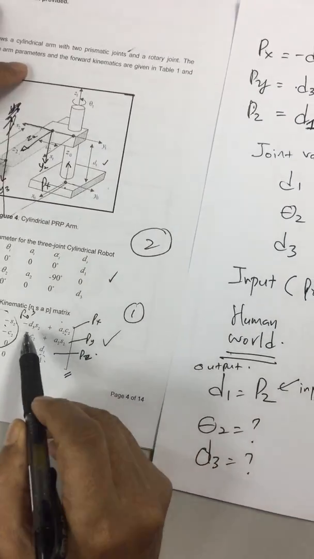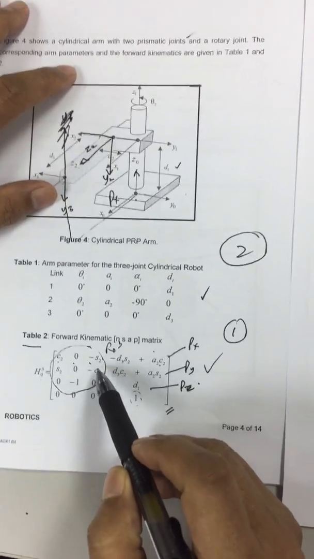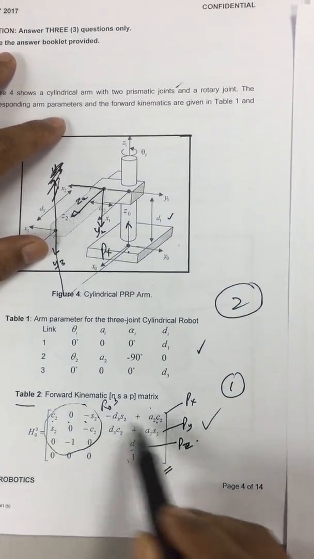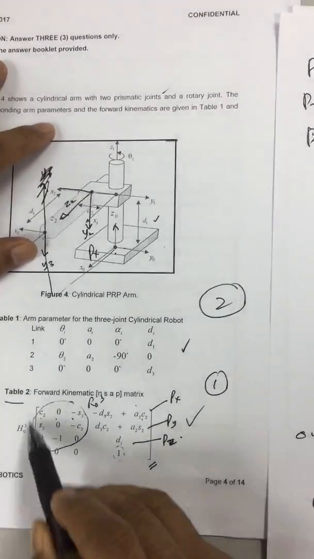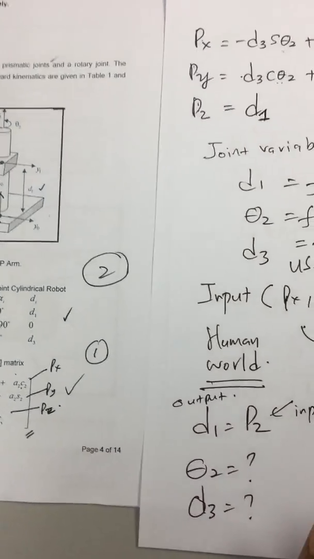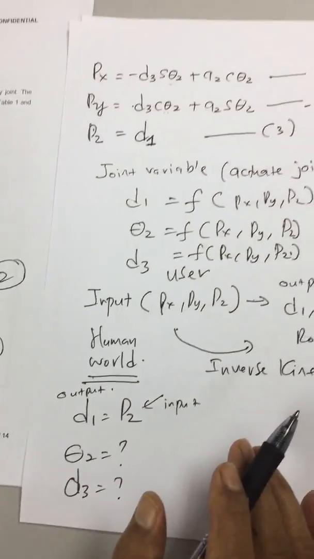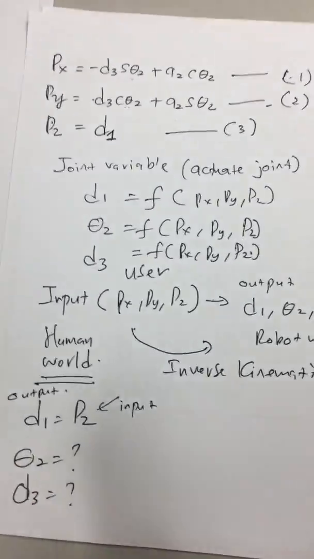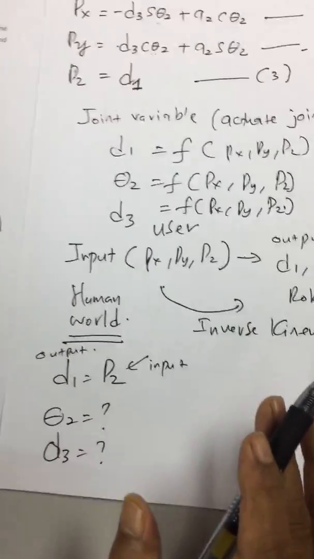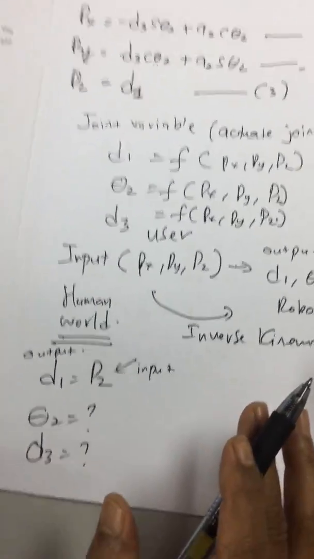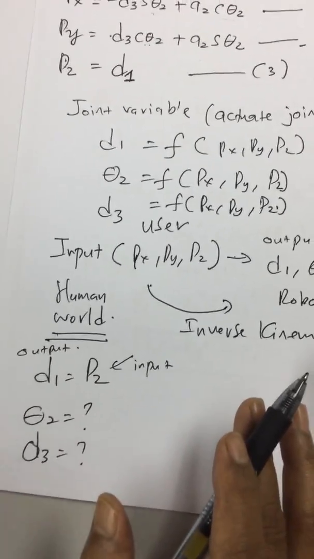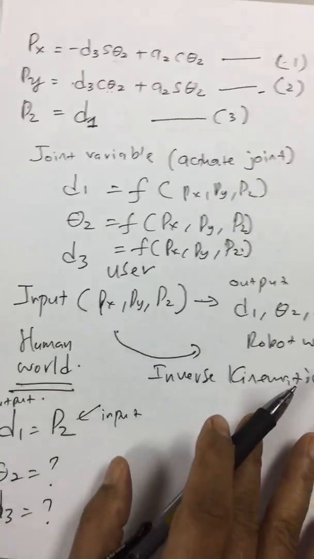For the last three joints, you need to use the 3x3 component from the 4x4 matrix, or R03, the orientation information. That's why the last three joints are called the orientational joints. So this is the origin of why the first three joints of the robot are called positional joints, and the last three joints are called the orientation joints.